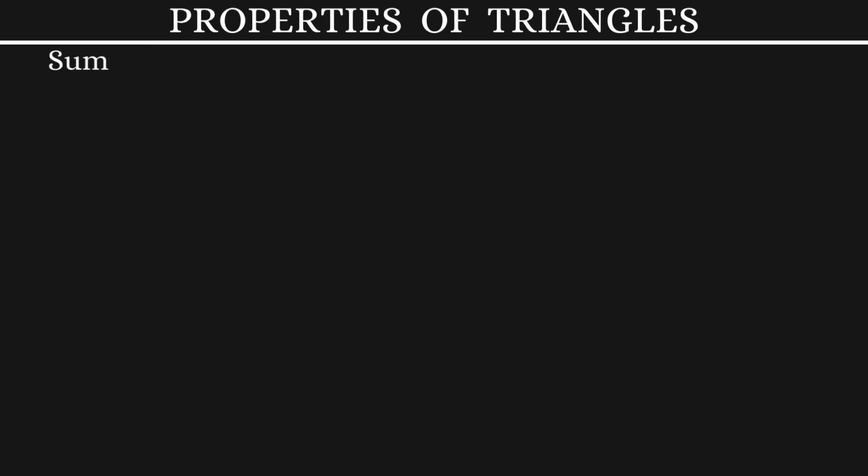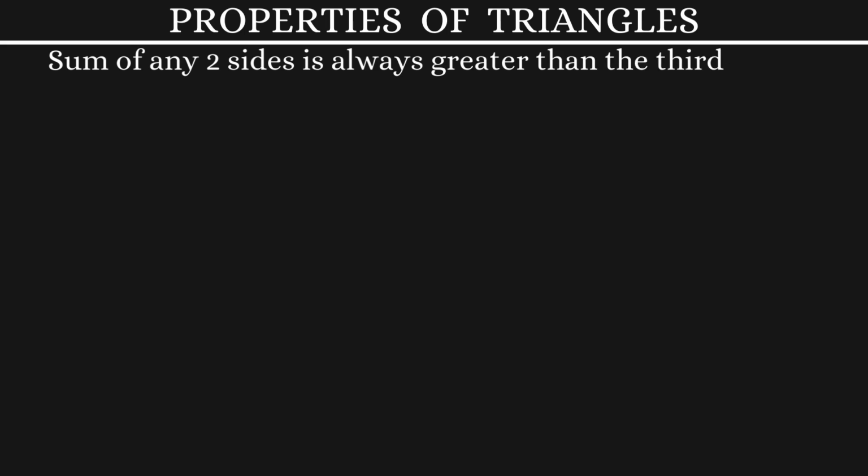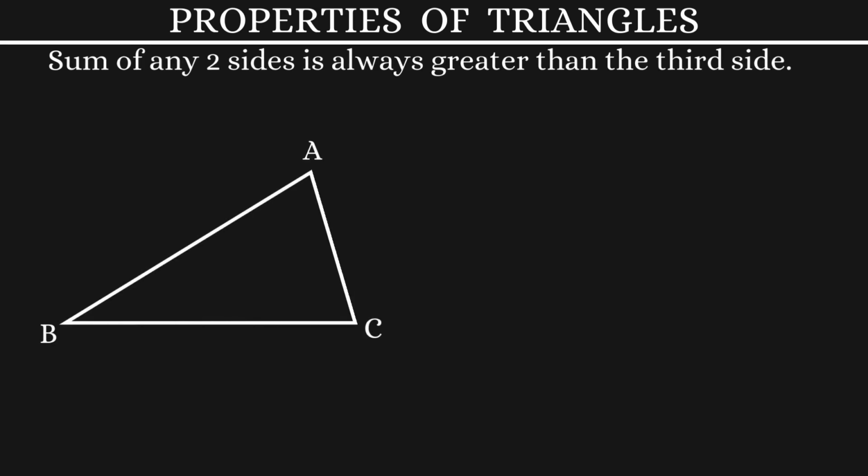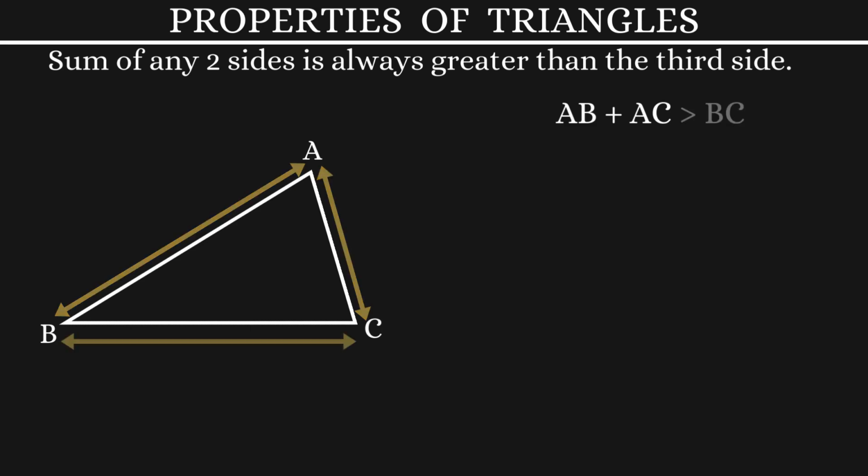The sum of any two sides is always greater than the third side. Considering the triangle ABC, if you add the sides AB and AC, it should always be greater than the third side BC.